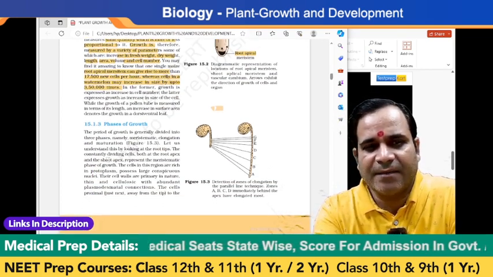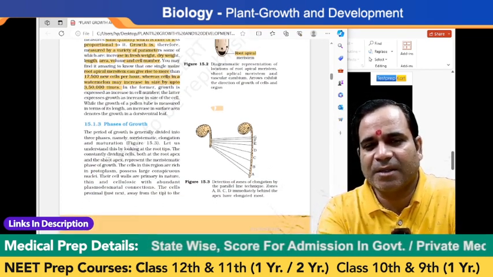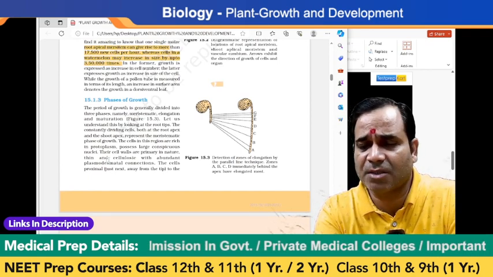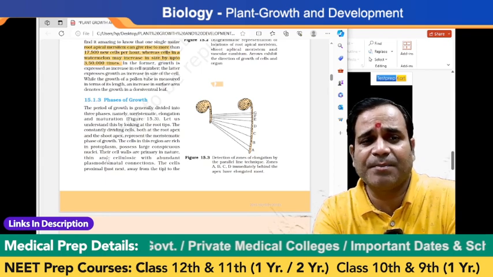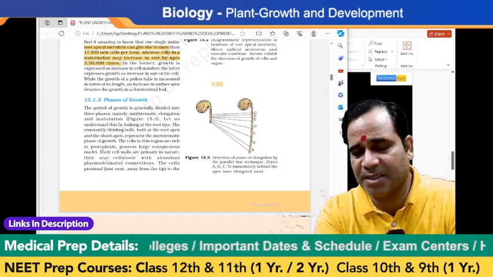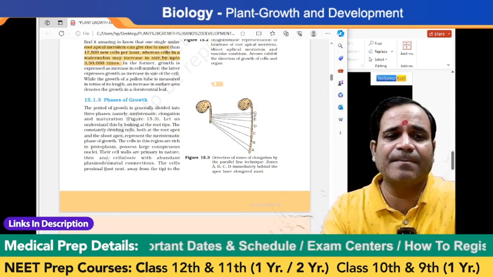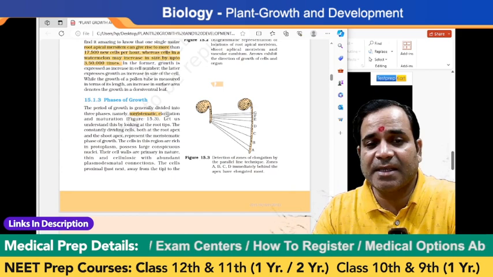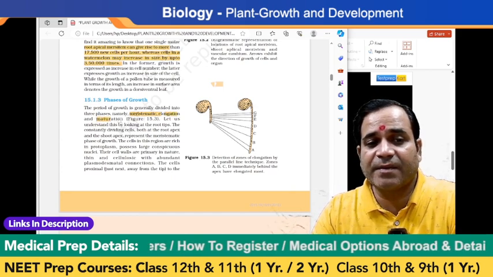Now it is very important to know the phases of growth, my dear. The period of growth is divided into three phases. Number one, meristematic; second, elongation; and third, maturation.